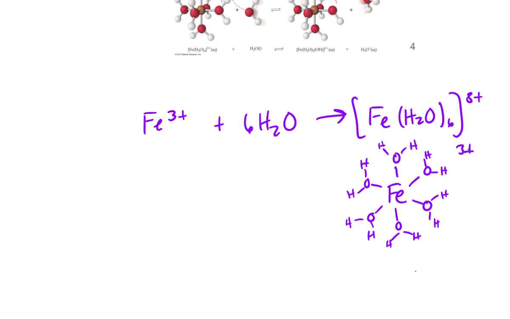So now, which one's the acid and which one's the base? That gets harder, right? So now it makes sense to really draw those Lewis structures. The iron 3+ is easy. We can figure out how many valence electrons are on the iron. We can figure out what the Lewis structure looks like of water.